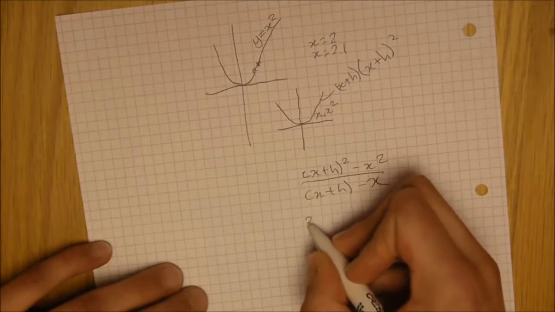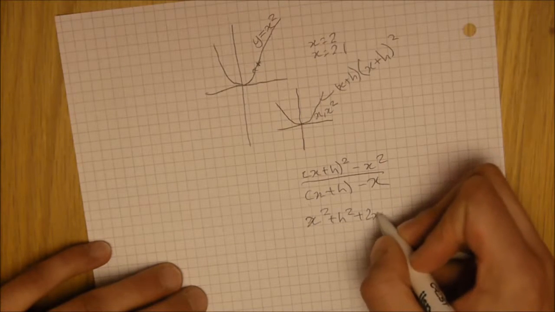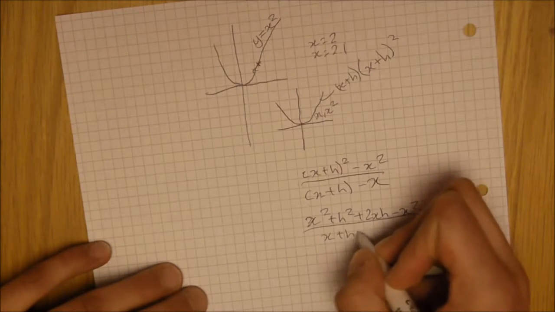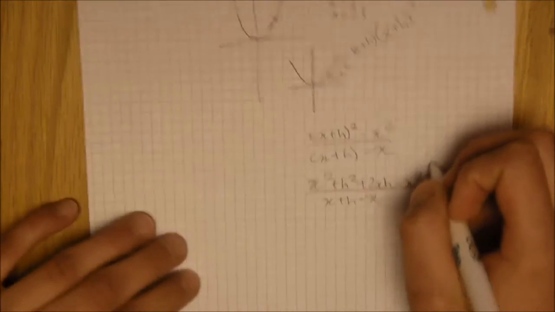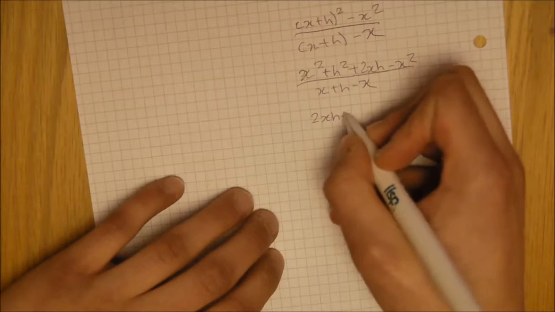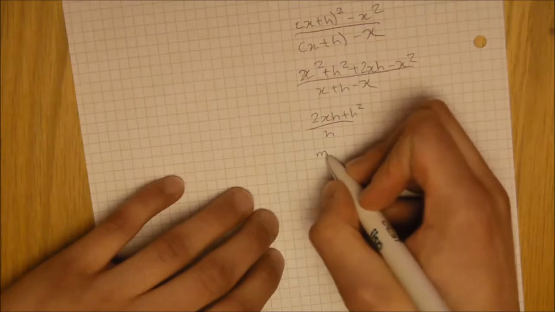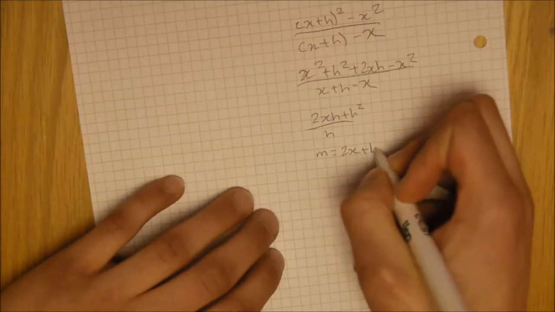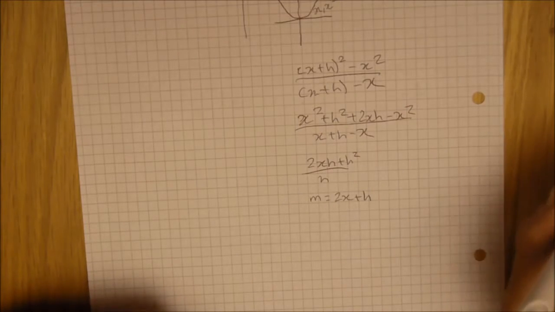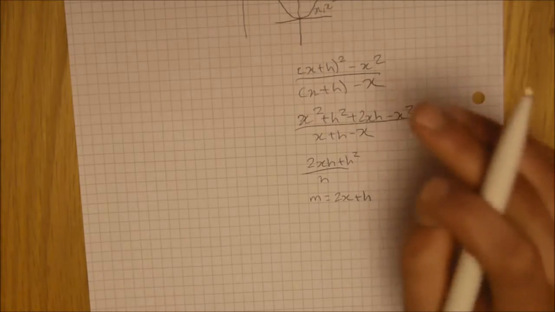So it's x squared plus h squared plus 2xh minus x squared, over x plus h minus x, which then goes to 2xh plus h squared over h, then m equals 2x plus h. Obviously differentiating x squared gives 2x, and as h tends to 0, that's how we know the gradient's 2x. But anyway, that's not the important feature.